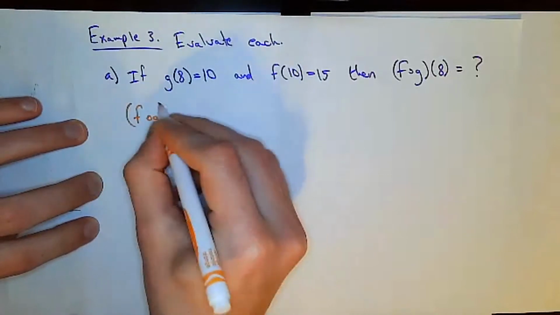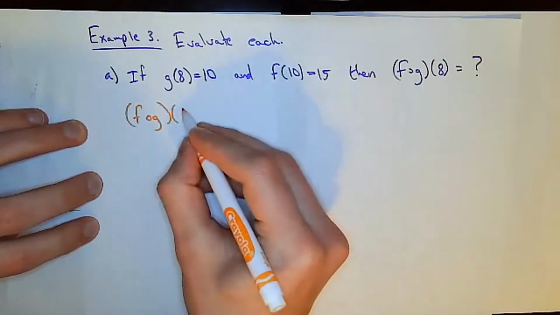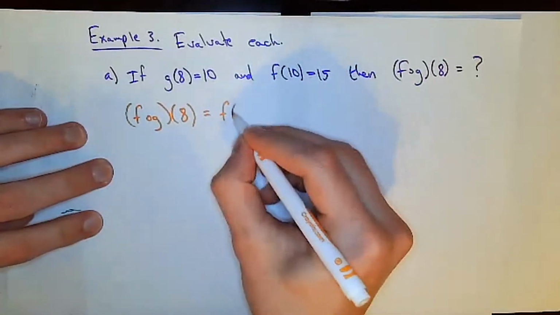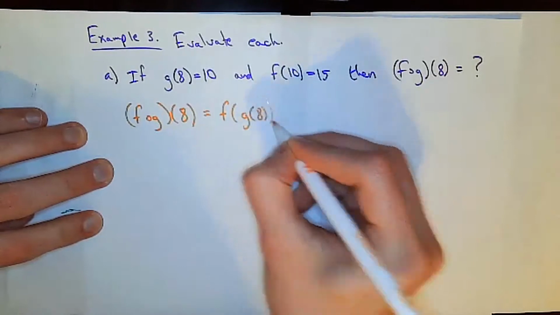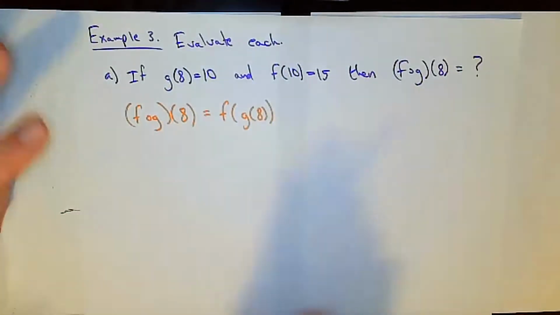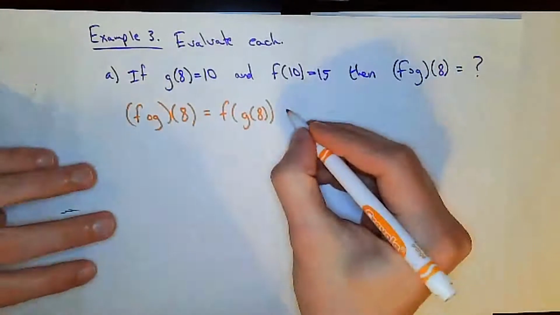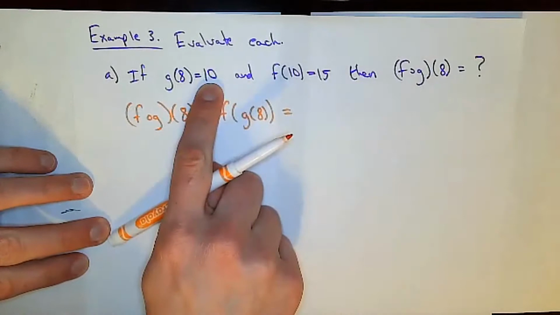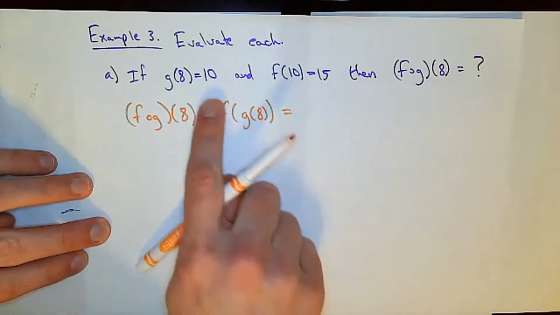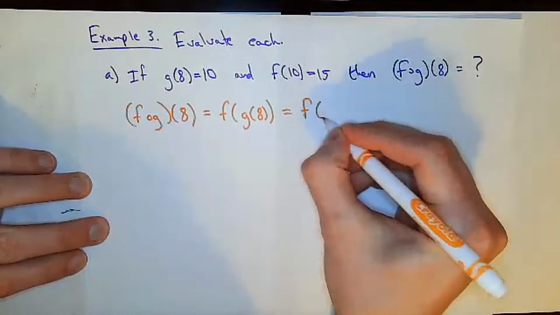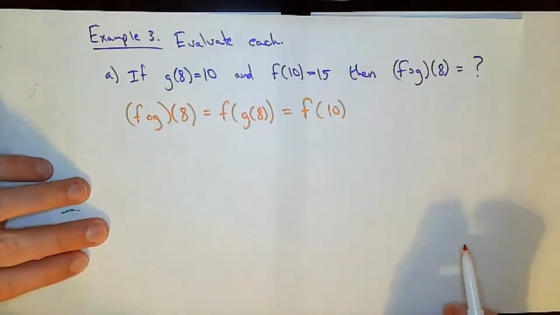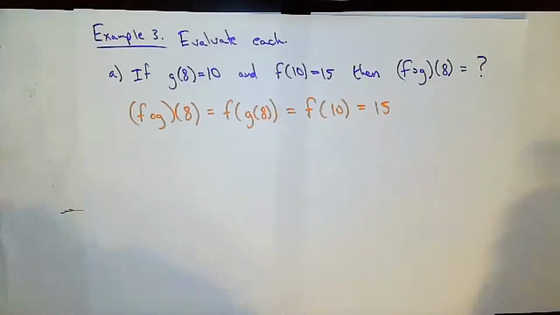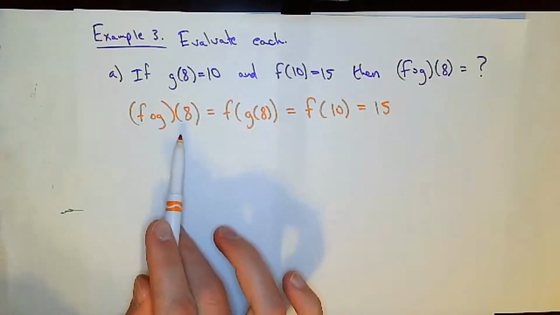F circle g, so f composed with g, not at x, but at 8, literally one particular number. That's the same by definition as f of g of 8. But look, what is g of 8? It's 10. So literally this g of 8 gets replaced by the number 10. F of 10. Well, what's f of 10? It's 15. That's it. F composed with g at the number 8 is 15.